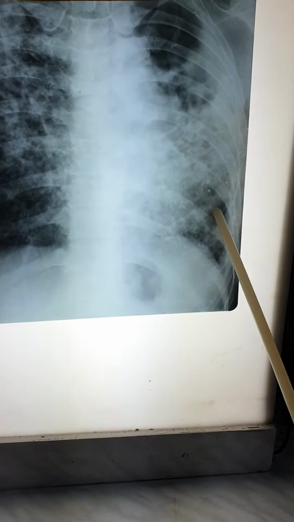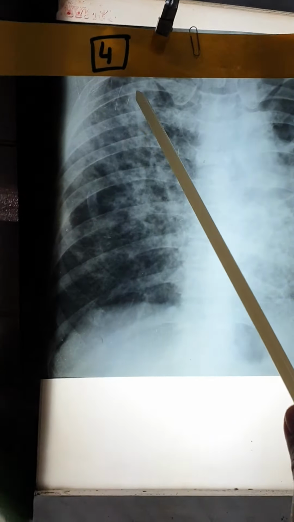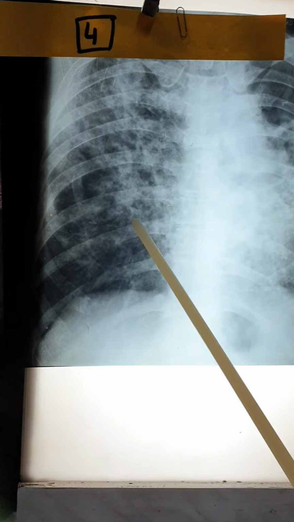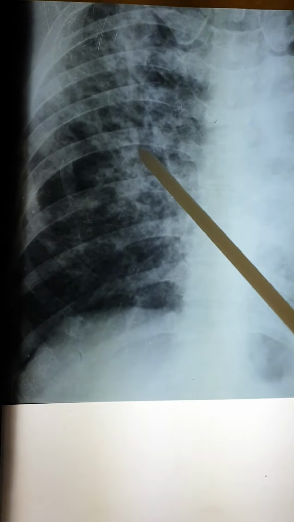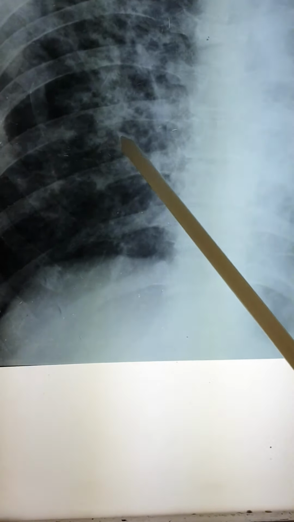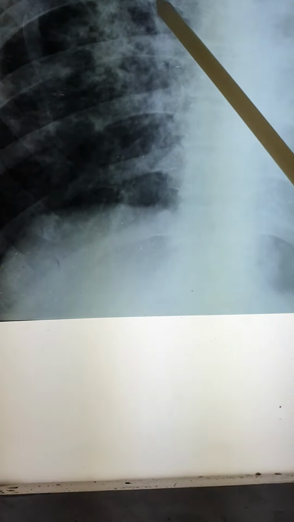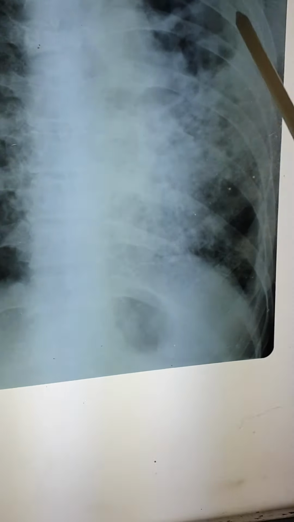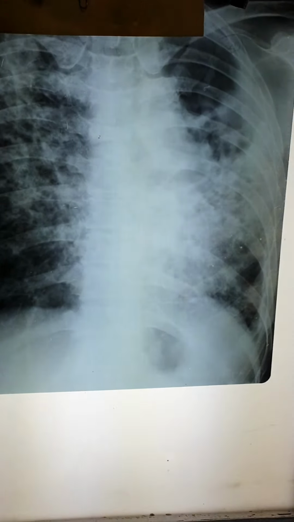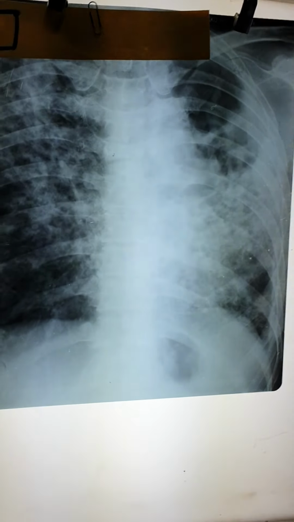Upper zone, mid zone, lower zone, left side, right side, all ill-defined, irregular shadows. They are not homogeneous. And if you carefully see, you may see some cavities also. Here one cavity, a cavity-like shadow, in both zones.